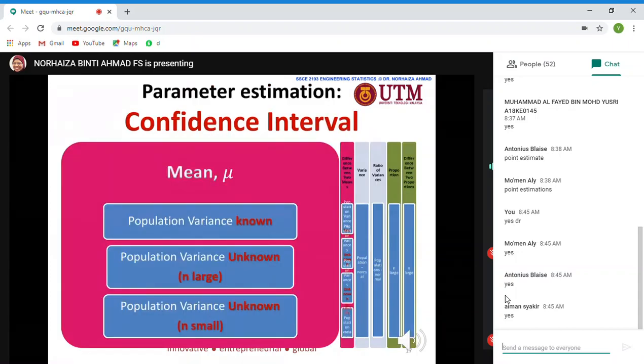Okay, let's look at the confidence interval for the population mean. Confidence interval for the mean for one single population.